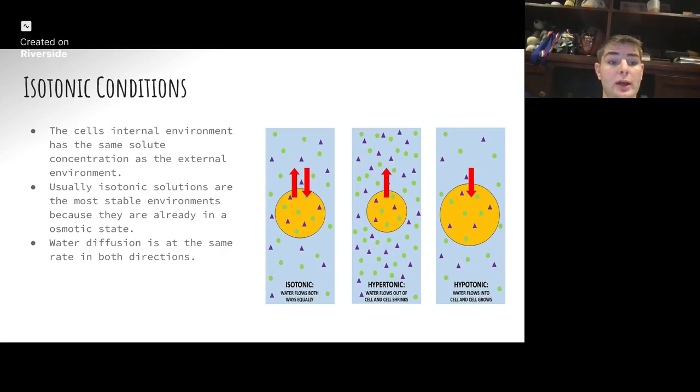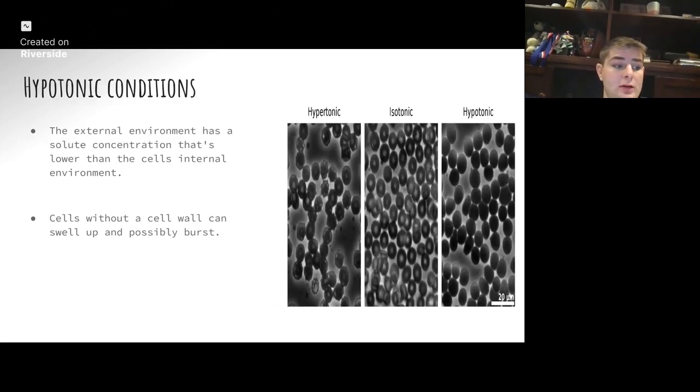We can look at the isotonic conditions. That's when the cell's internal environment has the same solute concentration as the external environment. Isotonic solutions are usually the most stable environments because they are already in an osmotic balance. Water diffusion is at the same rate in both directions, back and forth. Now our hypotonic conditions.